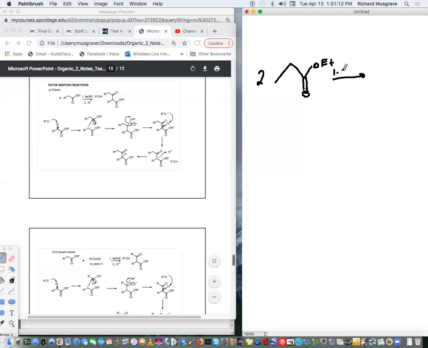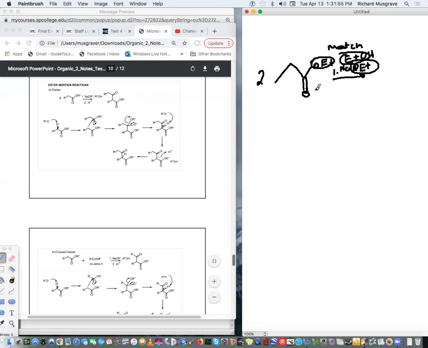The base we use has to match the ester grouping that we have in the reactant. So if I'm using OEt here, then we have to use OEt here and here as well. So it all has to match. That's not very much fun, but that's how it has to be.